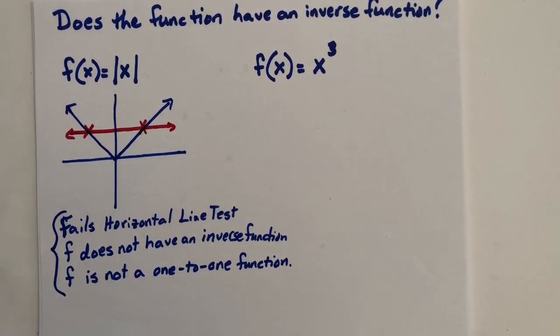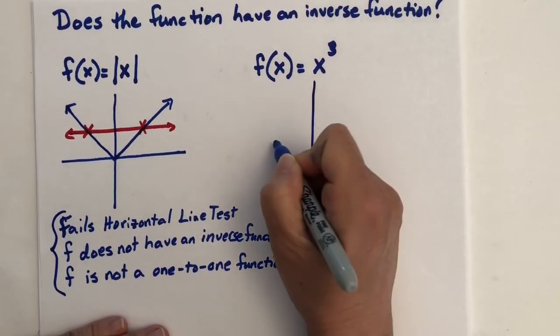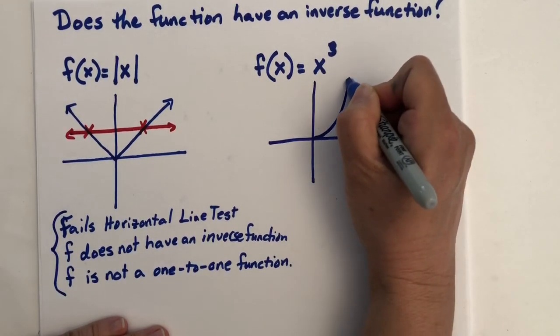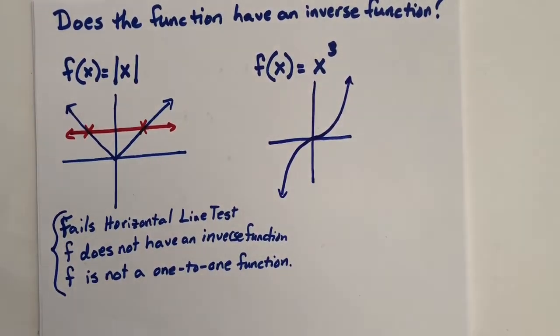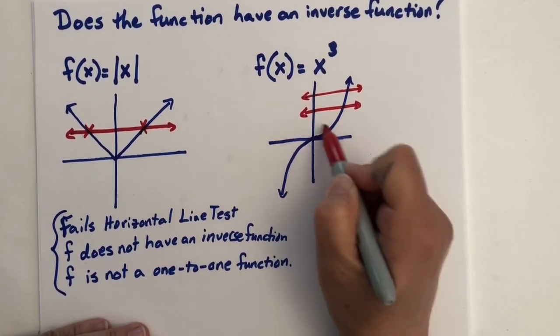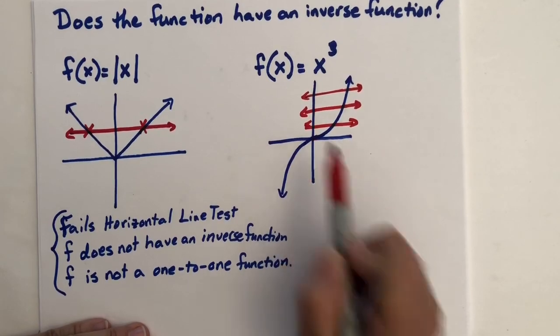So let's look at our next one. F of x equals x cubed. I hope you remember what this looks like. Here's our y equals x cubed graph. It looks like this. And you'll notice no matter where we draw a horizontal line, it never hits the graph in more than one place. Even here, it doesn't actually go horizontal.